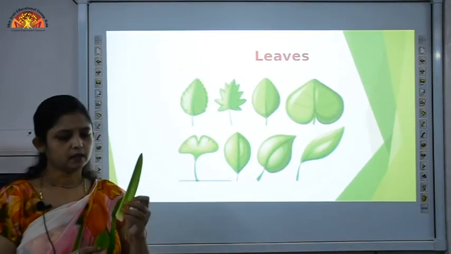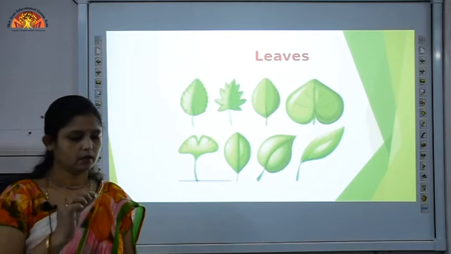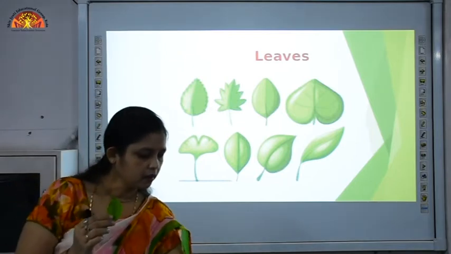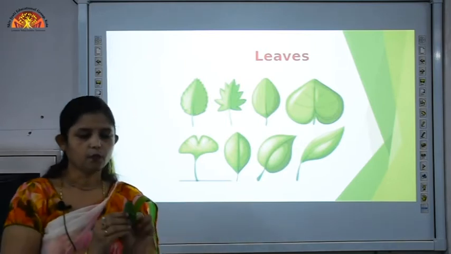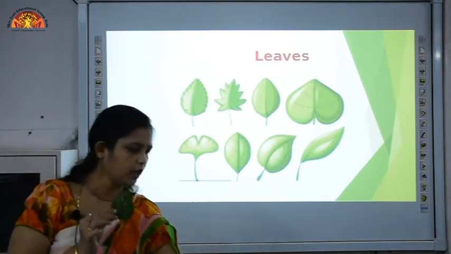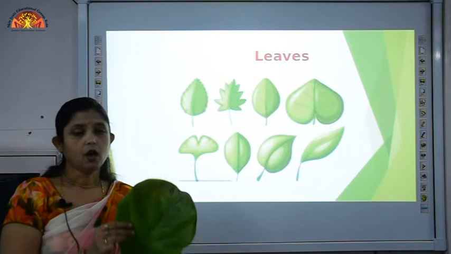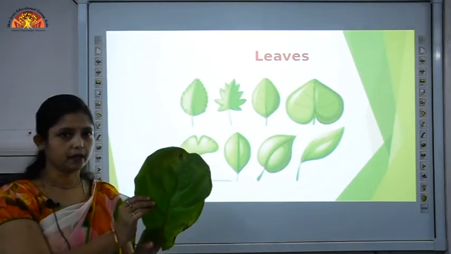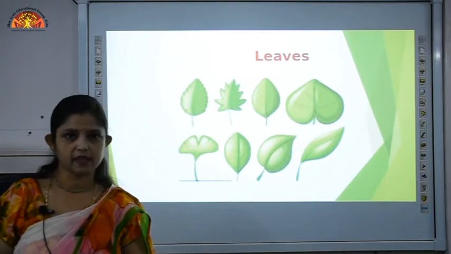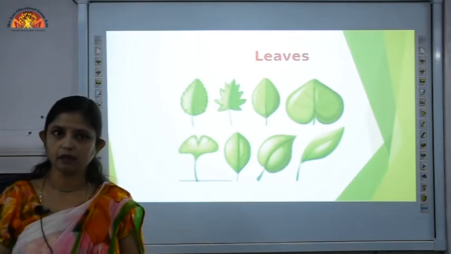You can see, this is long, while this has a different shape. These leaves are very small in size. This is somewhat oval in shape. Then there are big leaves. Some leaves are small, some leaves are big. So there is a variety of leaves, and we can identify the plants by their leaves.